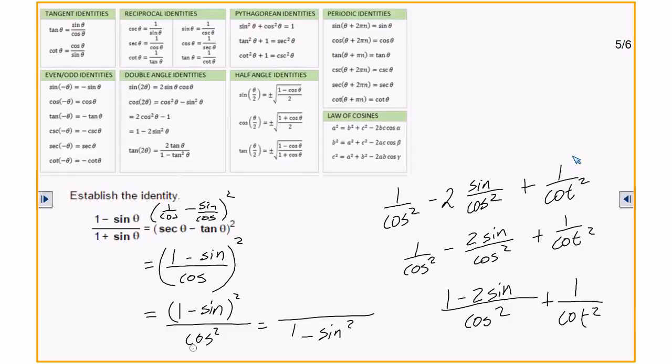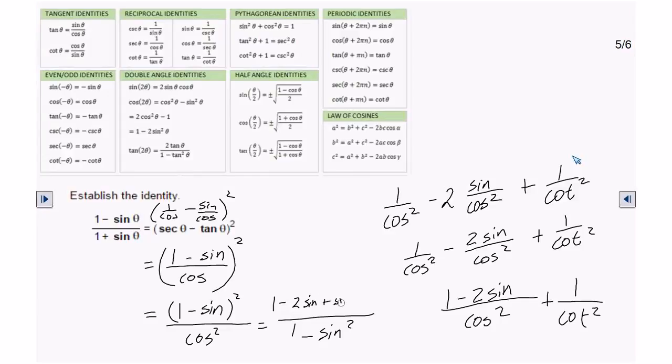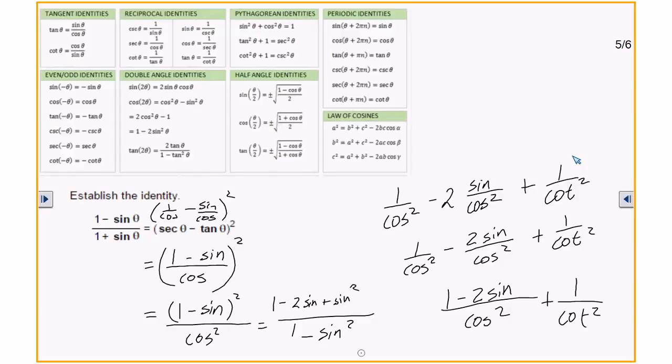And then this is going to be 1 plus, no, it's going to be 1 minus 2 sine plus sine squared. Yeah, it's not working. But we do have the 1 minus. Okay, we've got the 1. We're getting there. 1 minus sine squared.